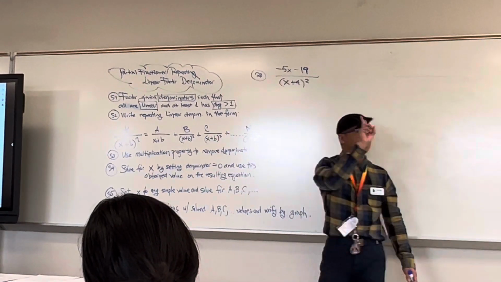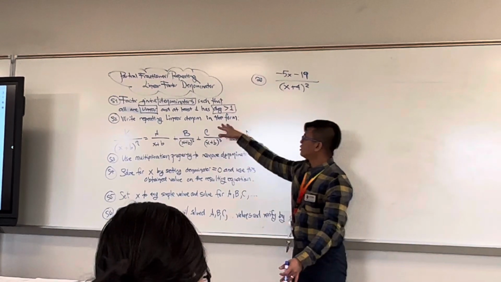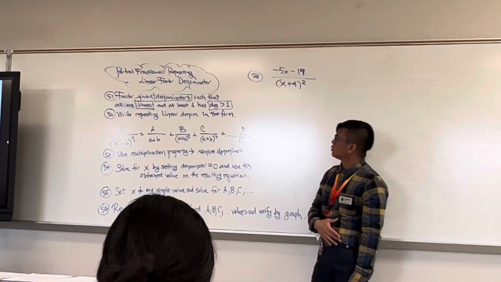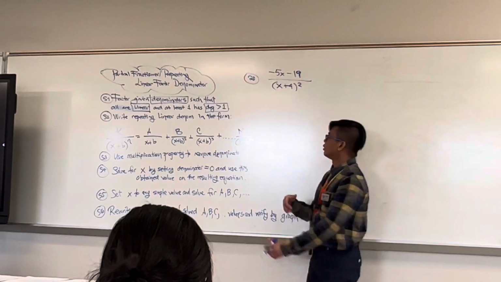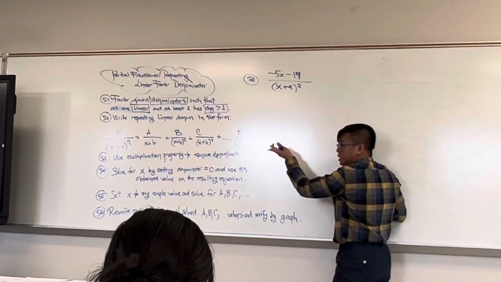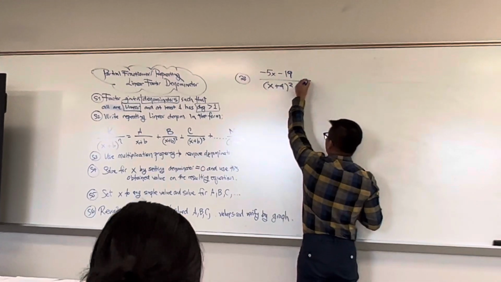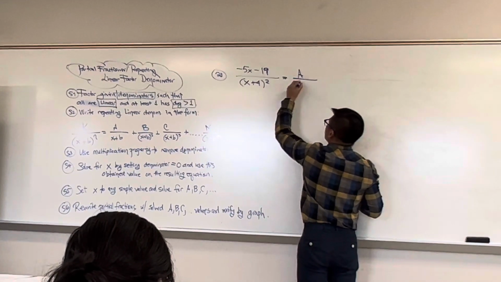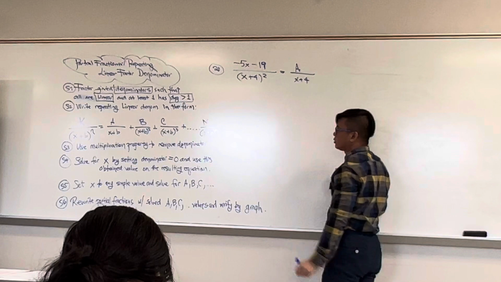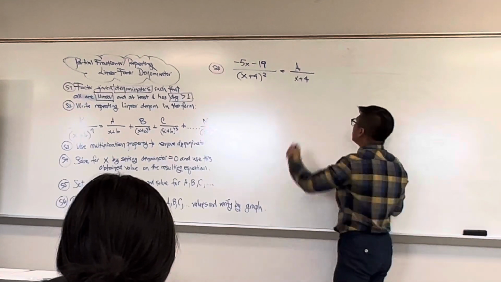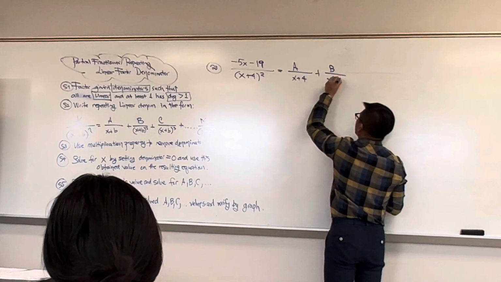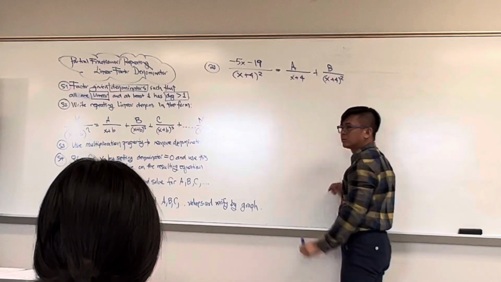Step number 2. Let's read: write the repeating linear denominator in the form. So this one can be written in this form: A over that linear denominator, x plus 4, plus B over that same linear denominator, squared.